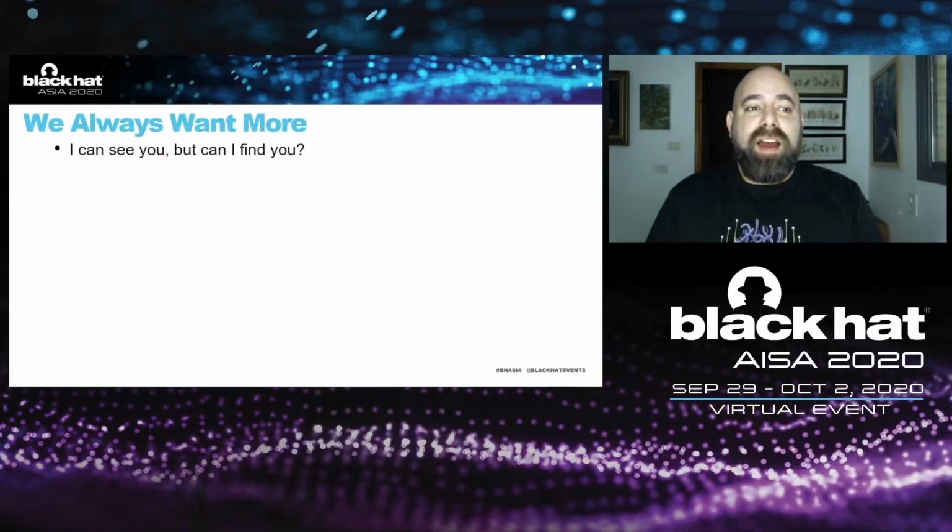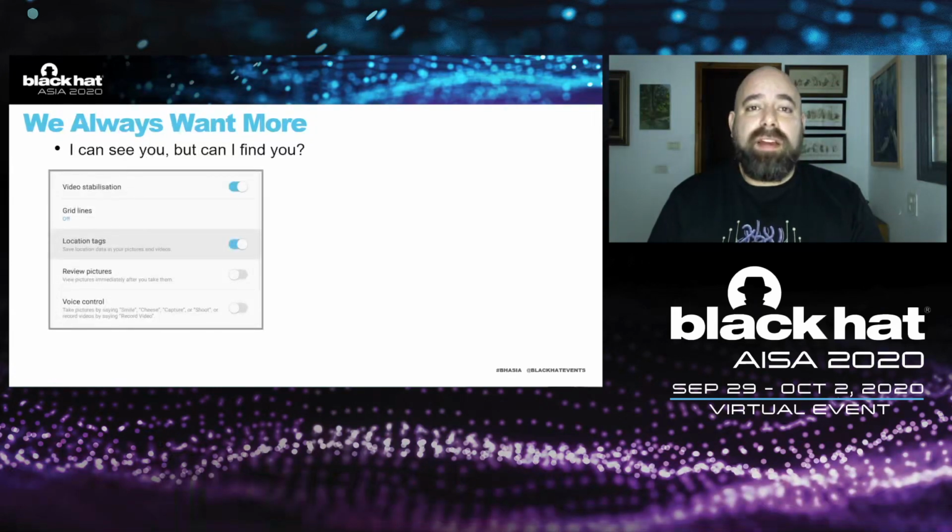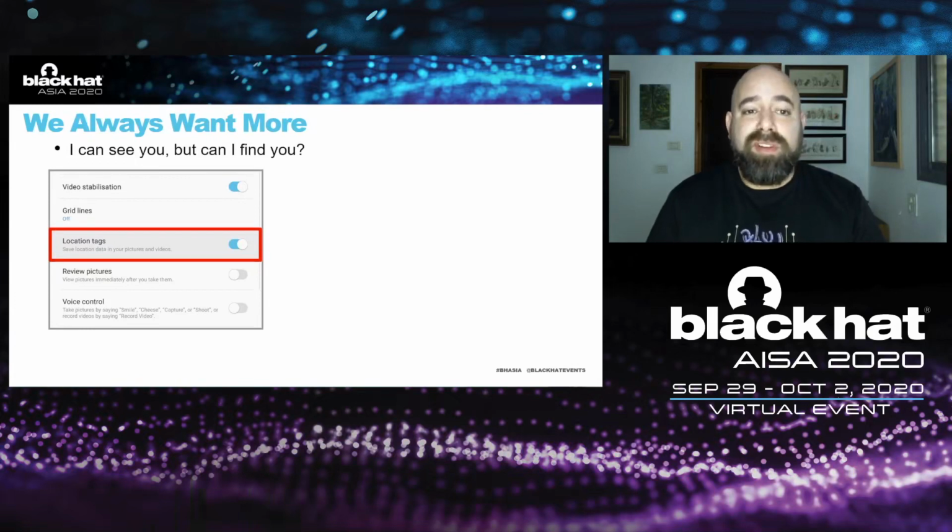So I can see now my victims, I can hear them through video, but can I know where they are? Can I find them? Well, the answer is yes. Most pictures that are taken today, and videos as well, have a location geotag embedded in the metadata. This is turned on by default on most phones, and I think that most people do not turn it off. I personally use it.